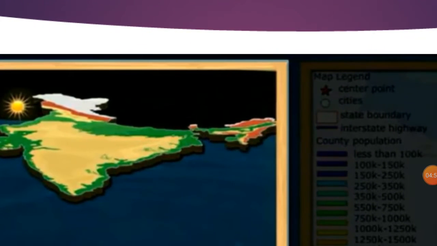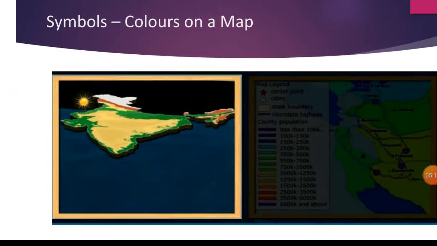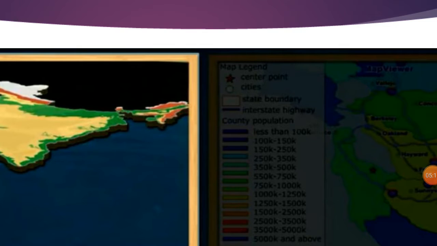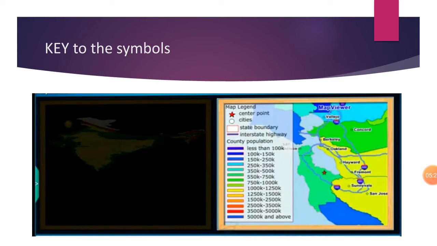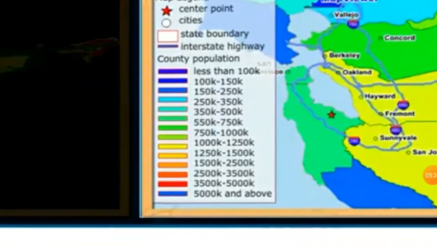Generally, we observe colors on a map, and these colors cover larger areas, like green for forest area and blue for waterways. A person can understand the map clearly with the help of the map legend, and it is called the key to the symbols that are used on a map.